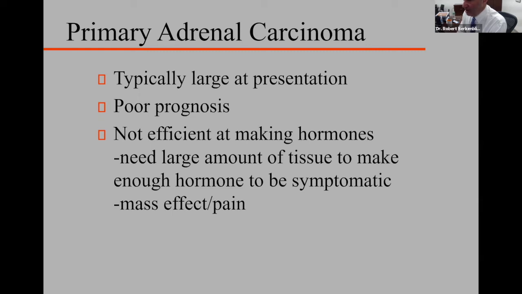Primary adrenal carcinomas are very inefficient at making hormones. They need a large mass to produce enough hormone to be aware clinically of the presence of the hormone. So these typically present very large due to that inefficiency in hormone production.